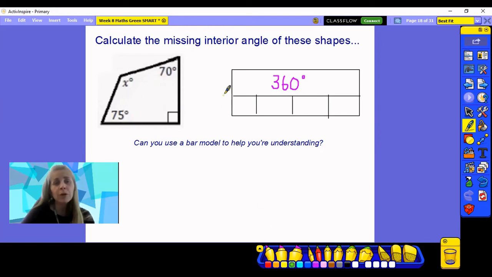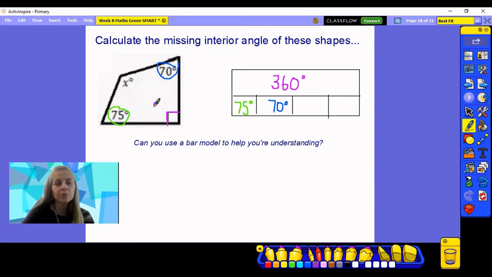We know some information already about the angles within this shape. We already know we've got 75 degrees, and that's our angle there. We also know that we have got our 70-degree angle. We haven't got any number information here, but hopefully you will remember from our learning earlier in the week what this symbol tells us, and that says that we've got a right angle on this shape.